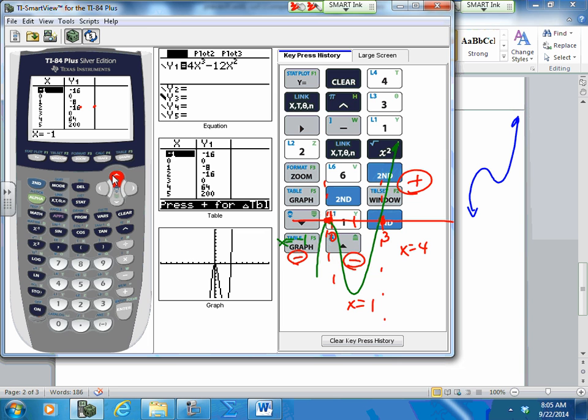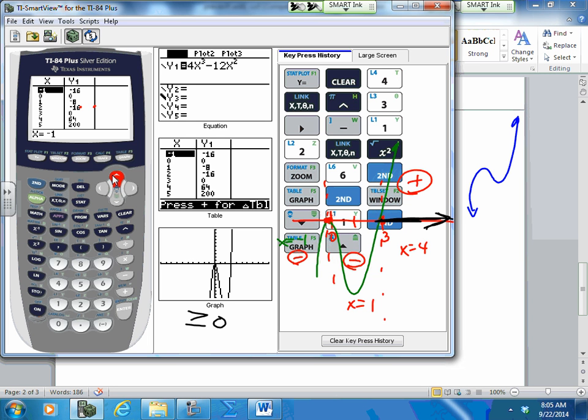Right? Your original problem said greater than or equal to. So I want anything positive, and I want anything also 0. This right here is the positive. This is the positive root right here. But this has one more little problem. We said greater than or equal to 0.